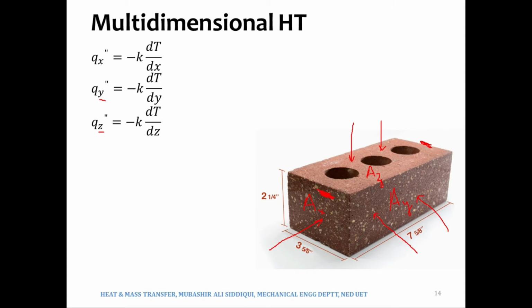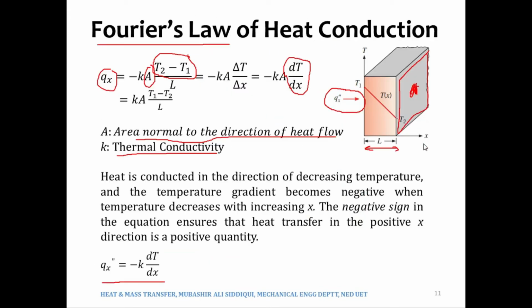It will depend on what temperature is at this face and what temperature is at the other face. What I am trying to figure out over here is the same thing that we had seen a while ago. How does the temperature vary? So if the temperature variation is more, more heat will be transferred, and vice versa.